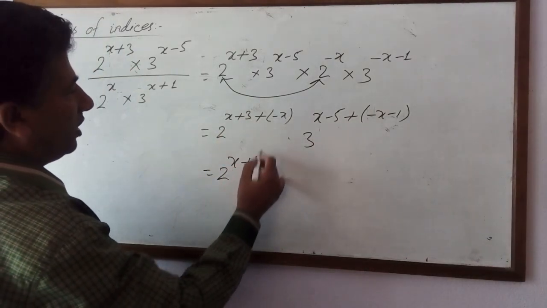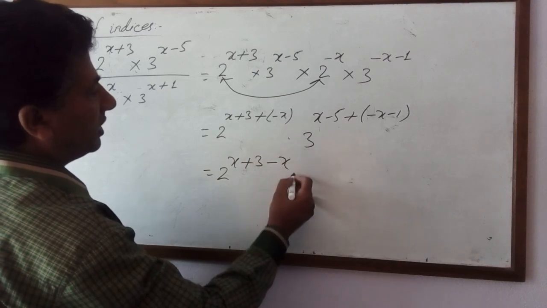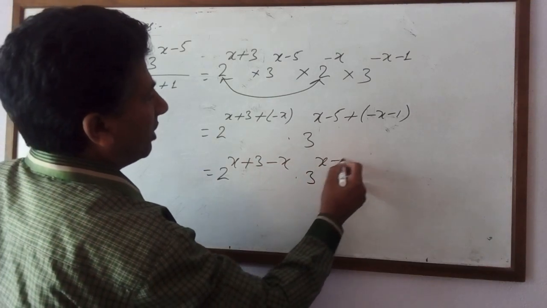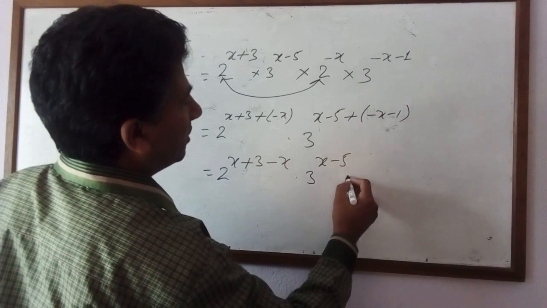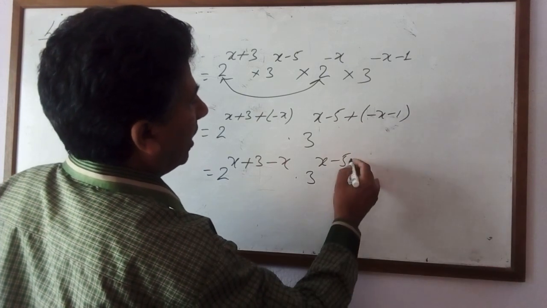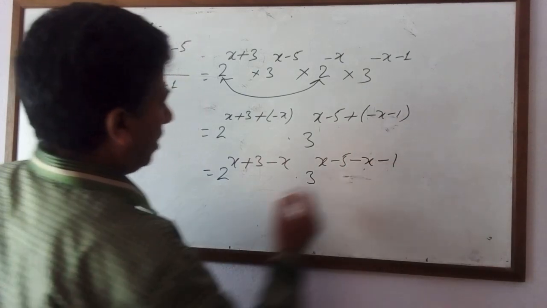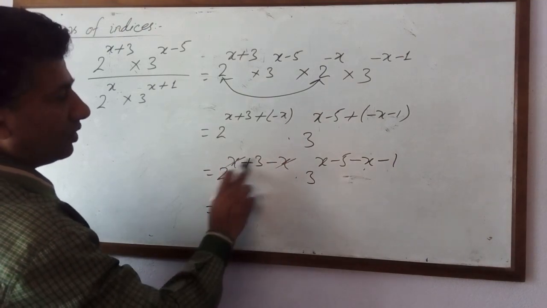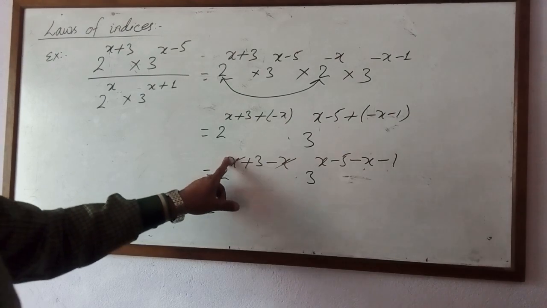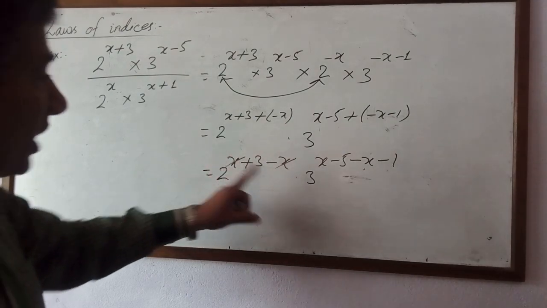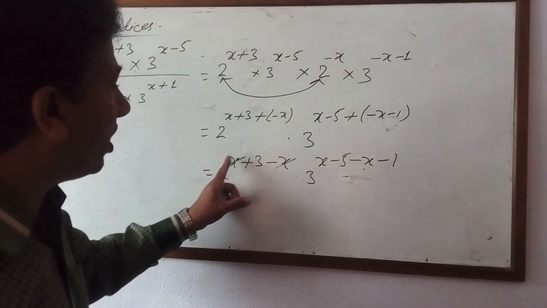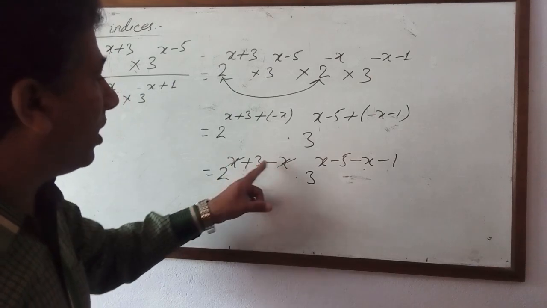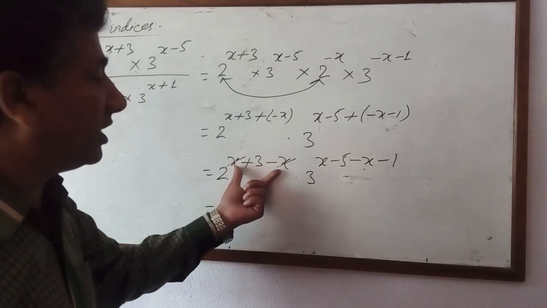So x plus 3 plus minus x, times 3 to the x minus 5 plus minus x minus 1. Now this x and x cancel, meaning here is 1, here also 1. When you subtract 1 from 1, it will be 0. That's why we cancel.